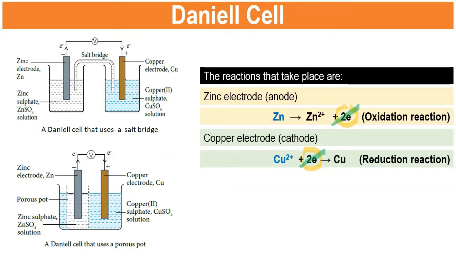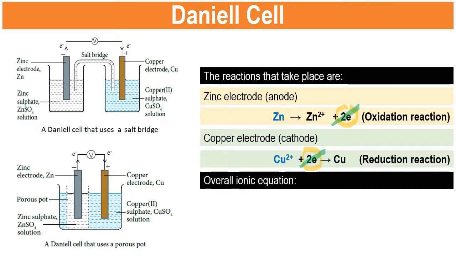Then combine both half equations together. So we will get the overall ionic equation as zinc atom added with copper ion to produce zinc ion and copper atom.